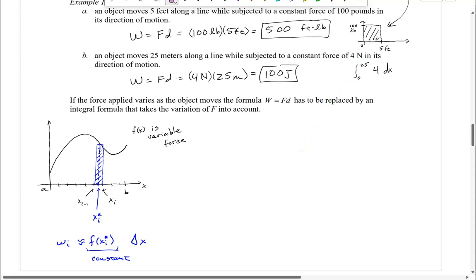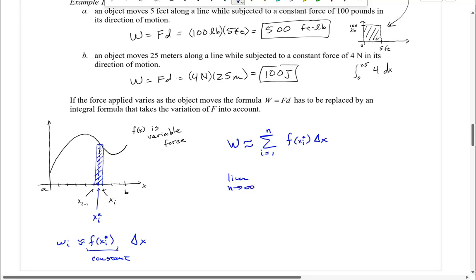And so once we have that, we can get an approximation for the work done along the entire distance from A to B by summing each one of these x sub i stars plugged into our function times delta x, i going from 1 to n. And then, once we've added up all of those, we can take a limit as the number of these little regions goes to infinity.